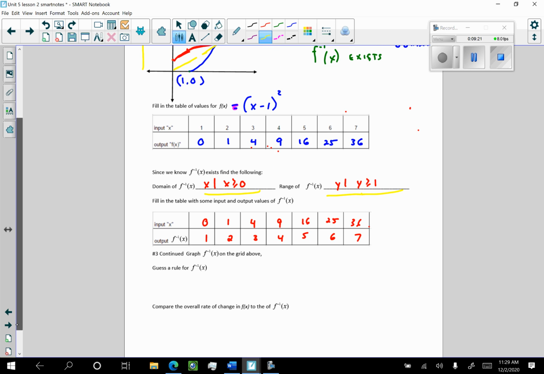And so could you guess a rule for the output of the inverse? Well, here's my function, y is equal to x minus 1 squared. This is f of x.